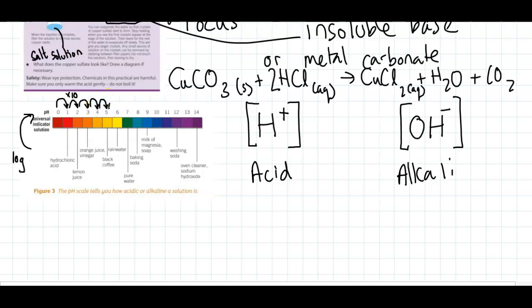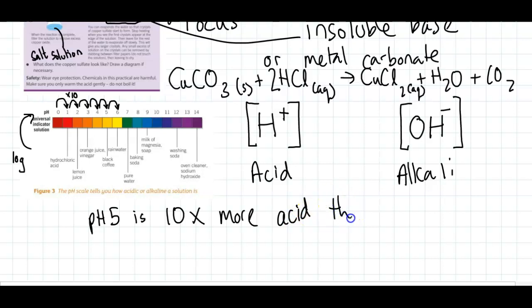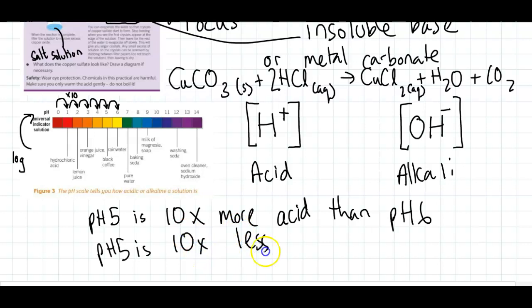So if we said, how much stronger is pH 5 than pH 6? pH 5 is 10 times more acid than pH 6, but pH 5 is 10 times less acid than pH 4.